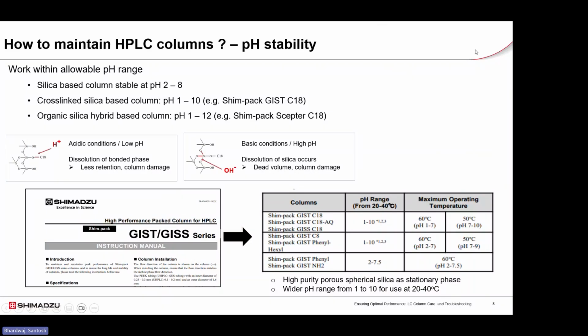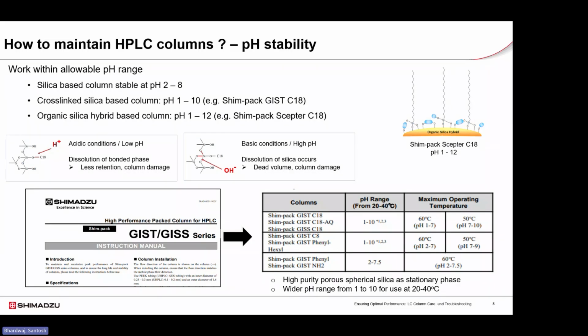Proper mobile phase preparation includes correct pH control, which is very important for column health. Traditional silica-based columns are generally stable between pH 2 to 8, while cross-linked and hybrid silica columns offer wider pH stability up to 10 or 12.